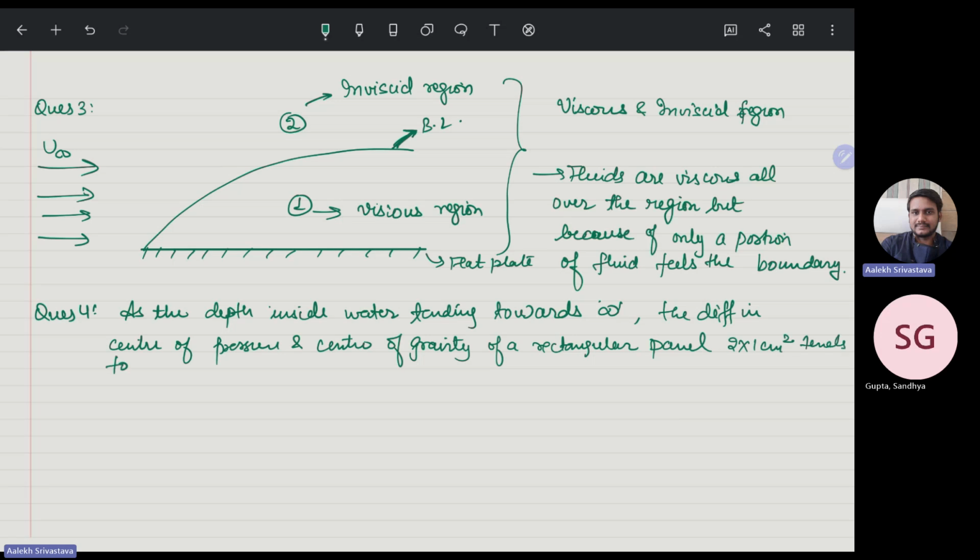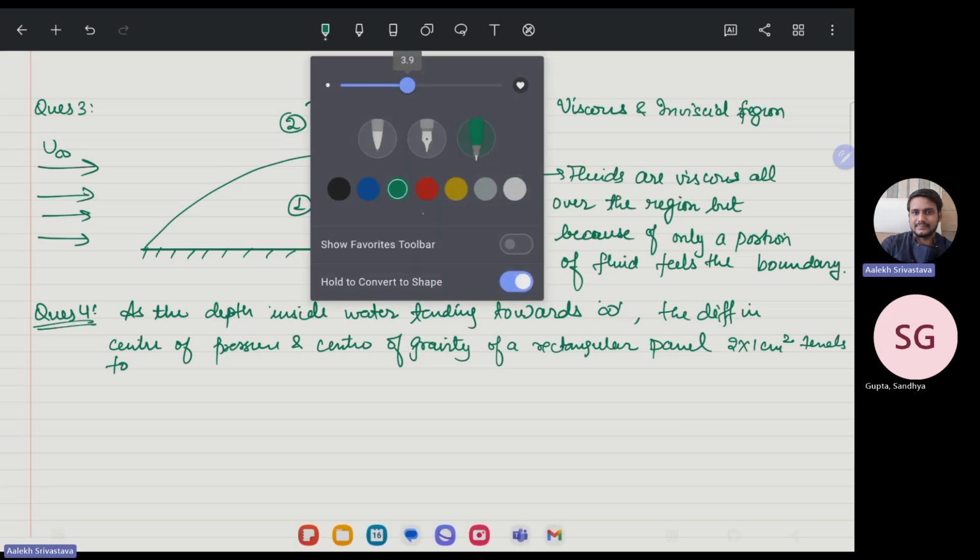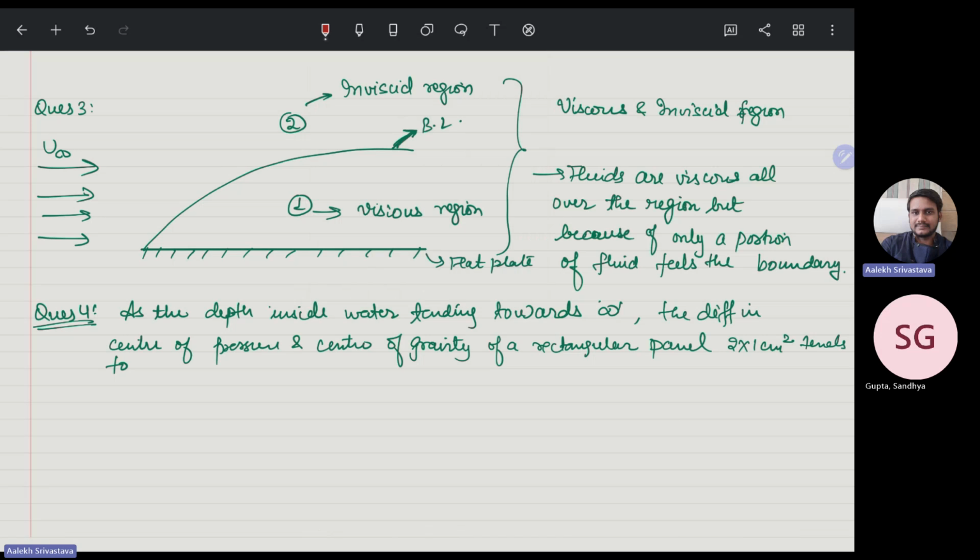So it says that as the depth inside the water tending towards infinity, what is the difference in the center of pressure and center of gravity. The center of pressure of any panel depends on center of gravity plus Ig upon Ah square. So this is the formula.